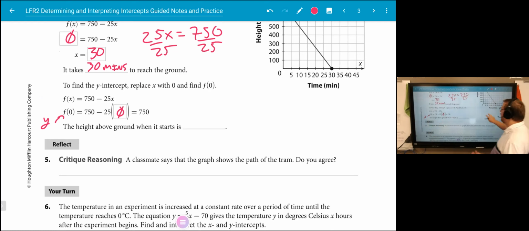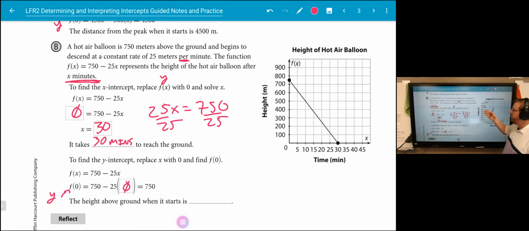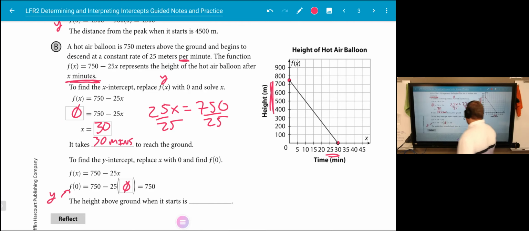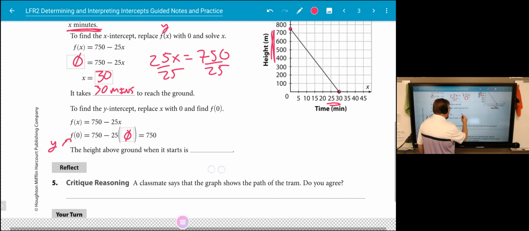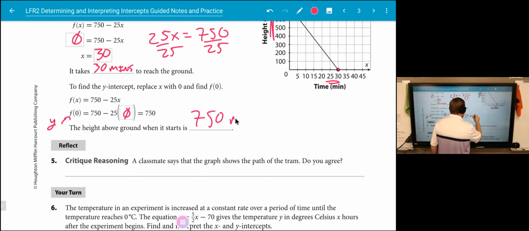Well, just like we talked about, the hot air balloon starts 750 meters above the ground. So at time 0, at 0 minutes, it's 750 meters above the ground, and it takes 30 minutes to be on the ground. So you have to look at your two axes here. The height above the ground when it starts is 750 meters.